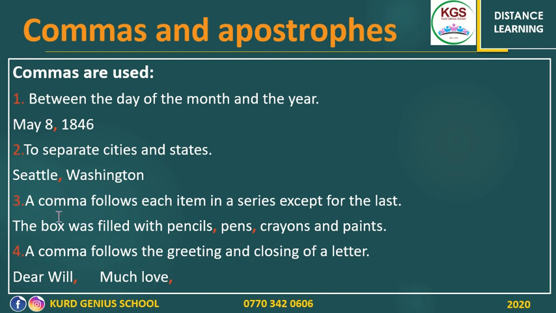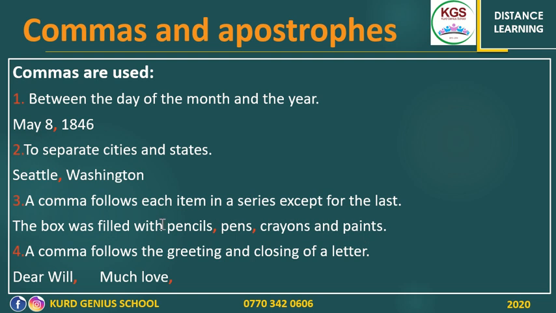Number three, a comma follows each item in a series, except for the last. Let's look at the example, then I will clarify this one. The box was filled with pencils, pens, crayons, and paints. Look, all of you have a box, and your boxes are filled with pencils, pens, crayons, paints, and maybe something else.